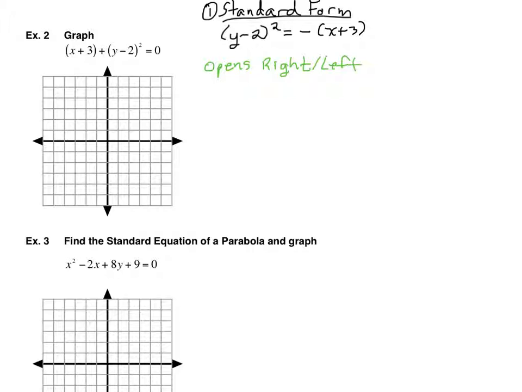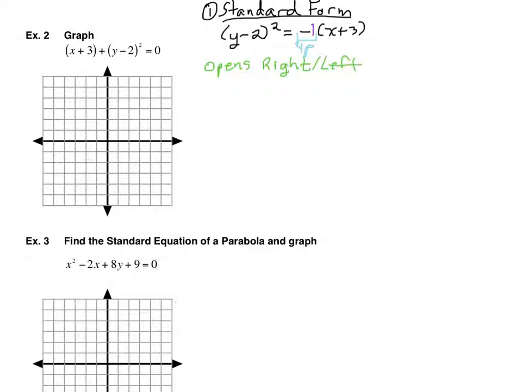So I'm just gathering some information. And then what does this right here represent? This right here, 4p, right? That's 4p, isn't it? And it is a -1, isn't it?